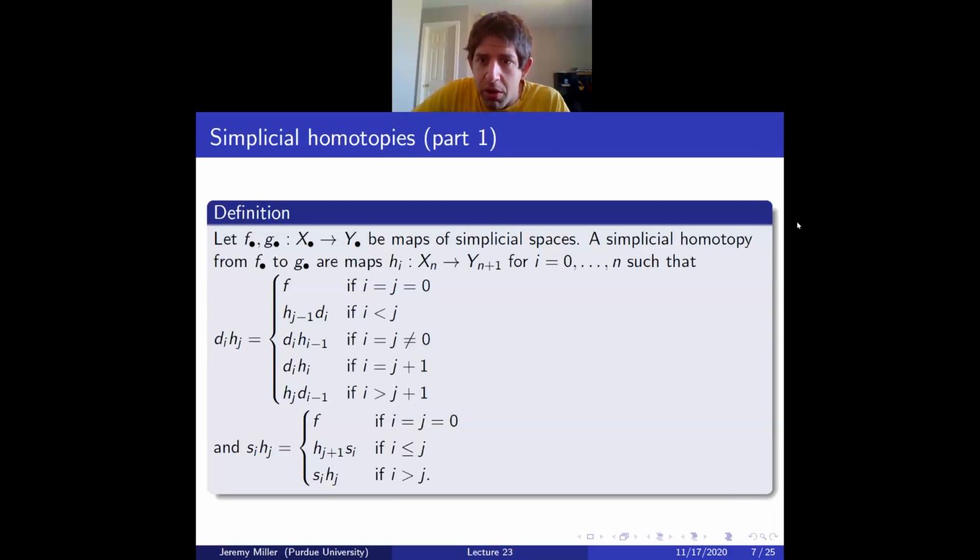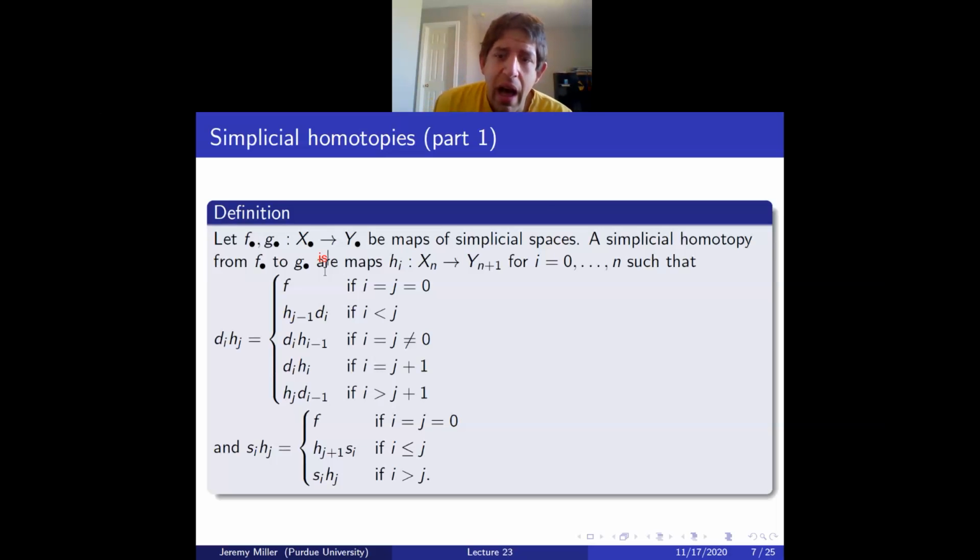And the way you get homotopies between maps of simplicial spaces is with this intimidating formula. If you have two maps F and G, then a simplicial homotopy from F to G is the data of these maps.